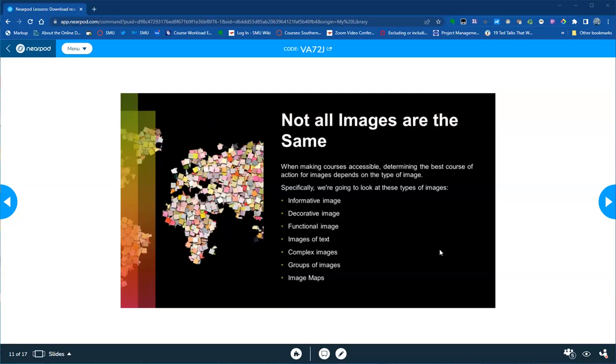How do we stay away from redundancy of information? That's a really good question. I think that we look at, again, the role of the image itself. And if the image is not conveying information, then remember we can make that a decorative image.